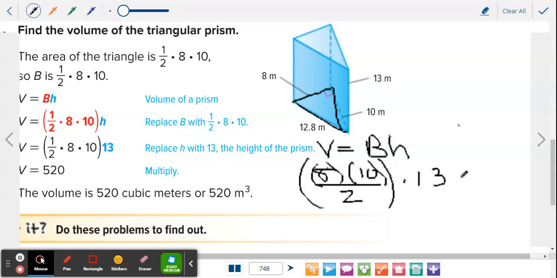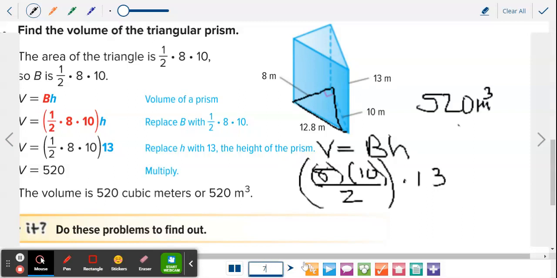So do 40 times 13. 520 meters cubed. Okay, so 520 meters cubed. So every time you do this, you're finding the area of the base, so the area of a triangle, times the height of the entire thing, the height of the prism.